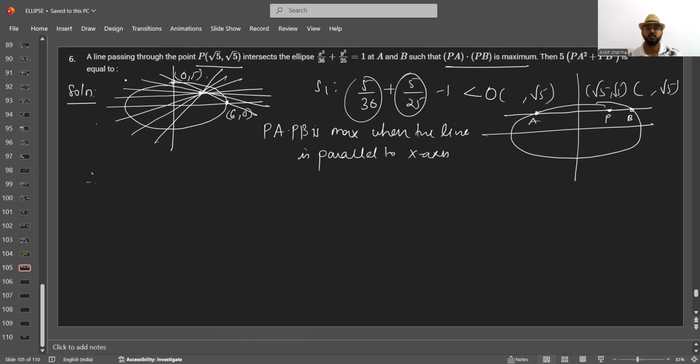So we can solve the ellipse with y equal to root 5, because we want the x coordinates. So x square over 36 plus y square over 25, y is root 5, so root 5 square by 25, is equal to 1. Then x square over 36 is equal to 1 minus 1 over 5, which gives me 4 over 5.